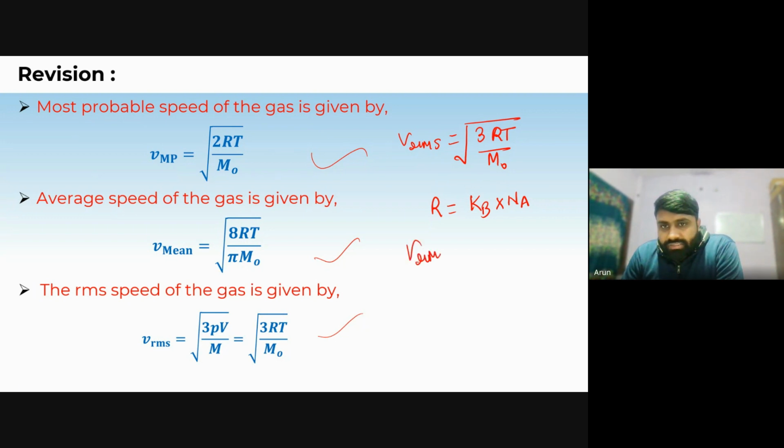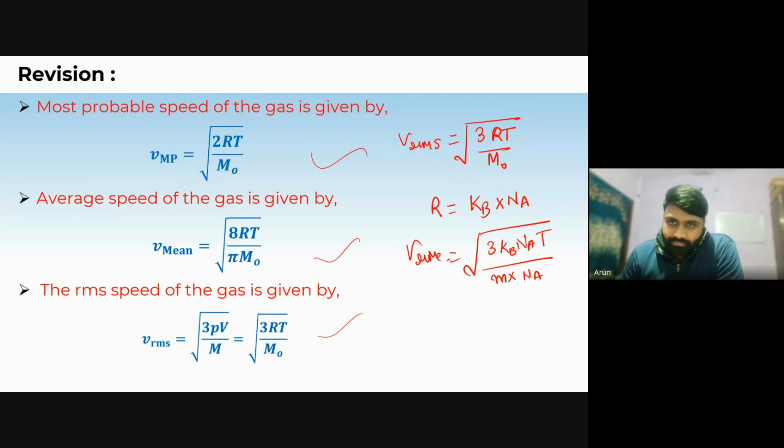If you put this information in VRMS, what you will have is root of 3 kB NA into T divided by M naught. M naught is the molecular mass, or you can say the mass of NA number of molecules, because molecular mass is nothing but the mass of one mole of gas.